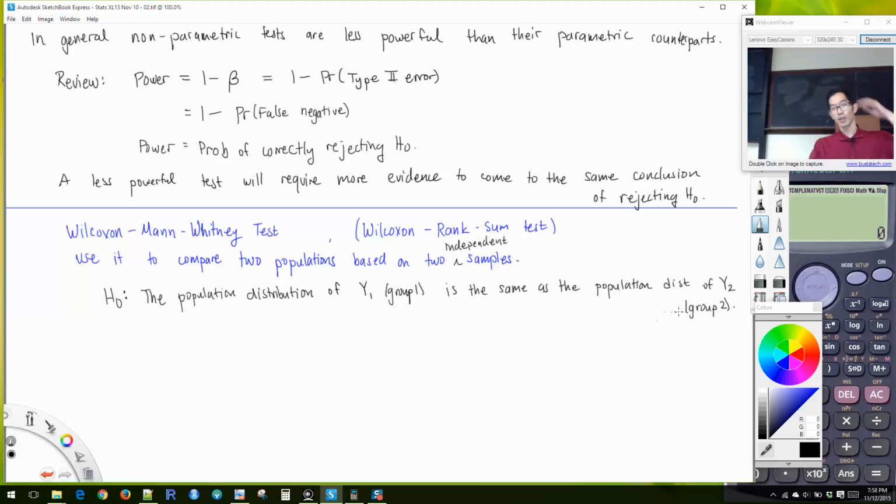Okay, so that is our null hypothesis. We're just saying the 2 respective populations of group 1 and group 2 are the same. So we're not saying anything about the mean of the population or any parameters of the population, but just that the populations themselves are the same.